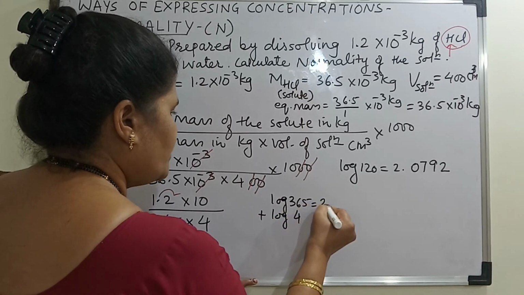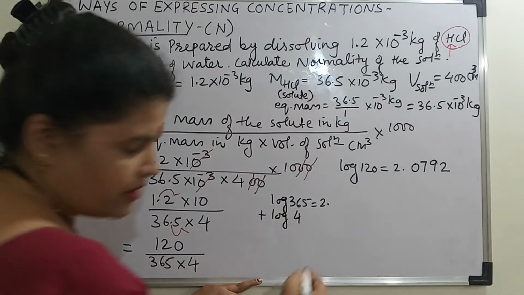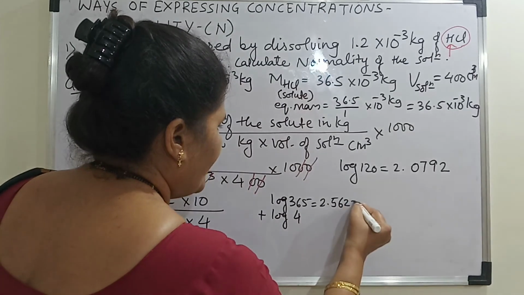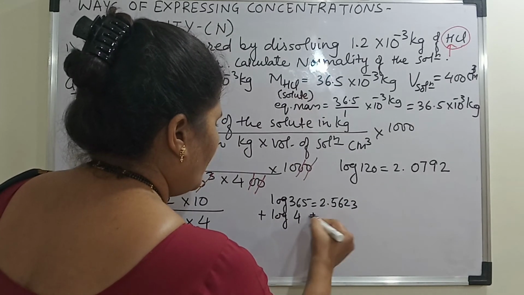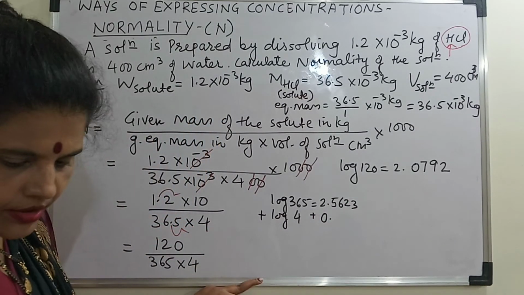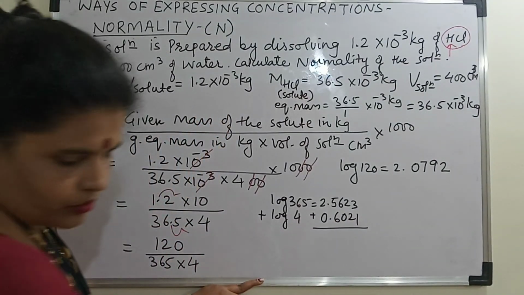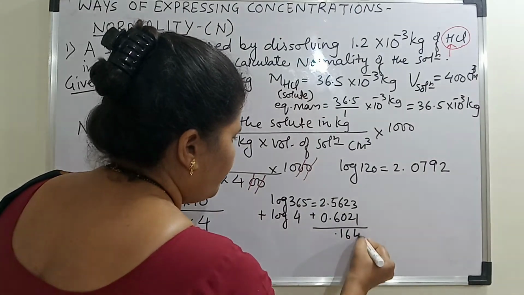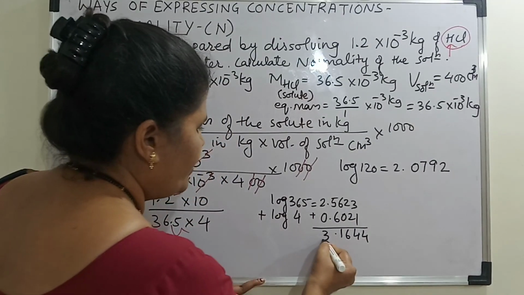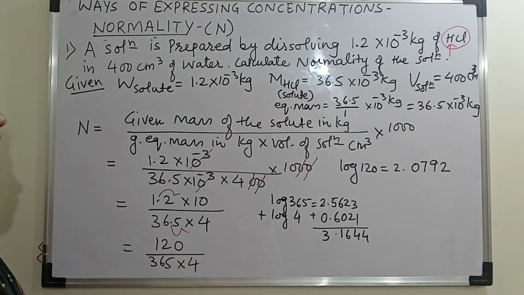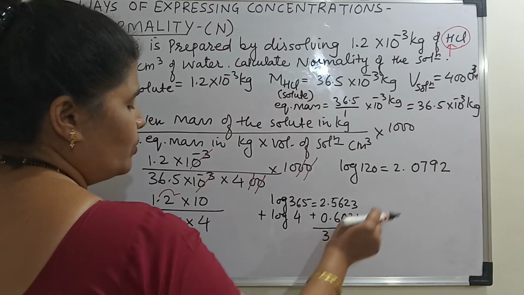So this will be, log of 365 is 2.5623, plus log of 4, which is 0.6021. So the total will come to 3.1644. Let us subtract this log value from this.